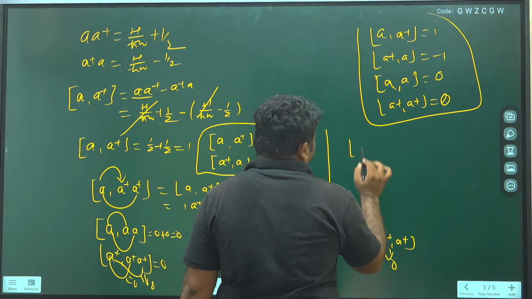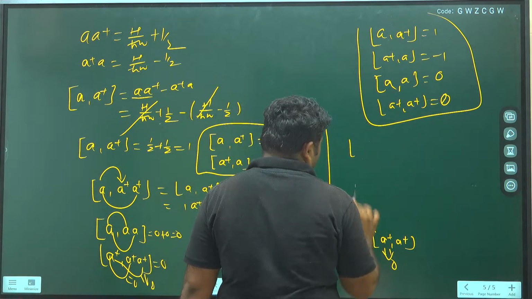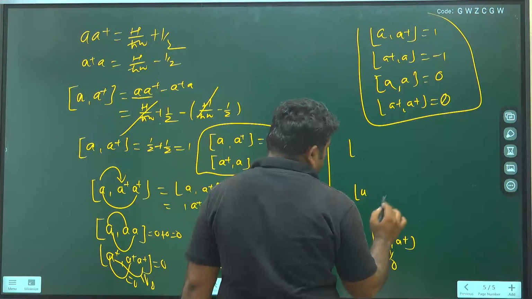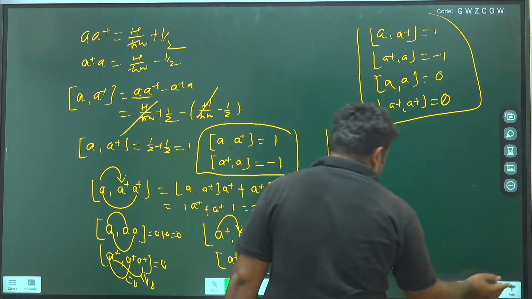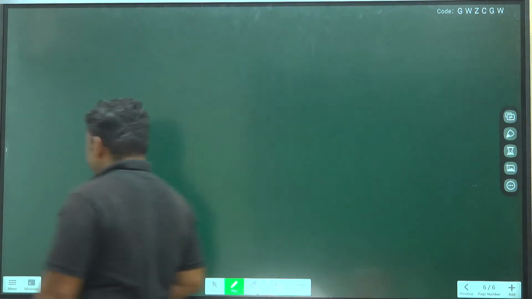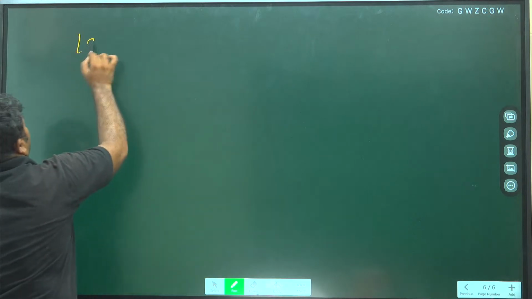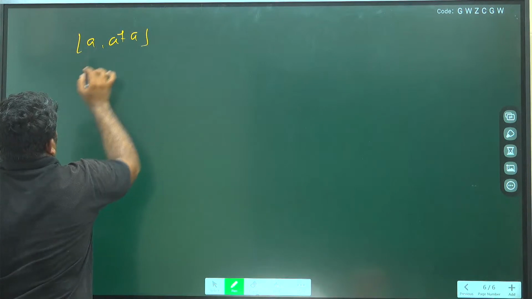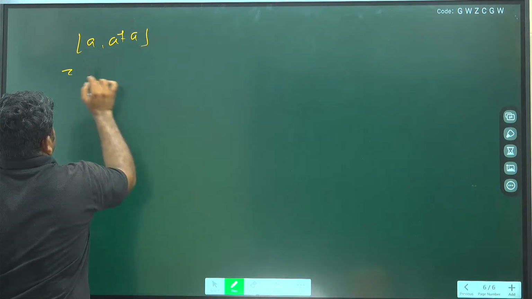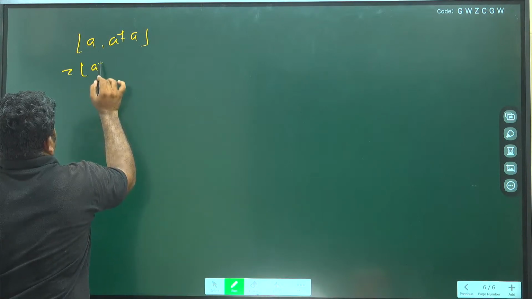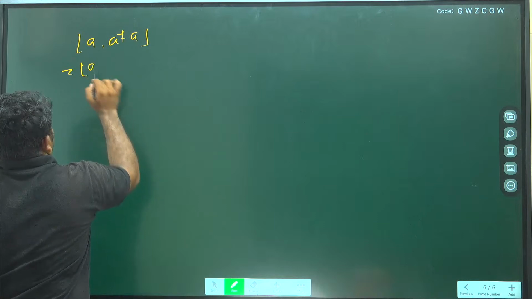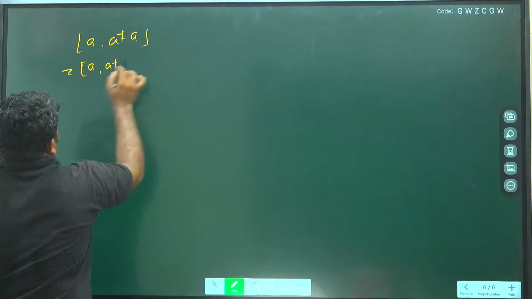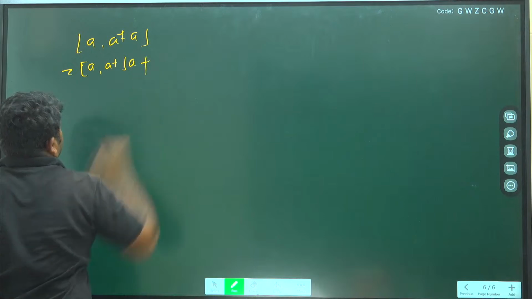Similarly, we can take another example also. Suppose we take a comma a dagger a. Then this is equal to how much? A commutes with a dagger, and a is constant, take outside.